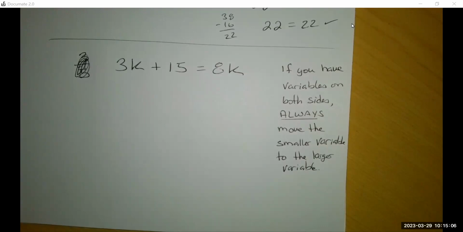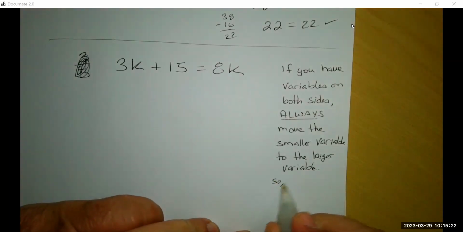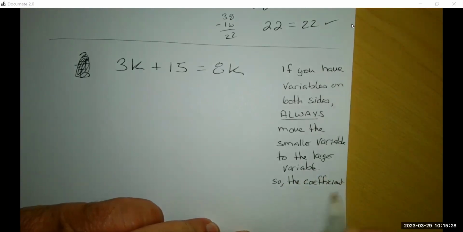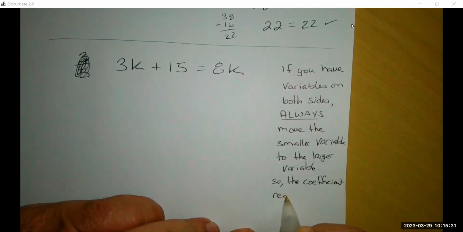Why do you always move the smaller to the larger? So the coefficient remains positive.